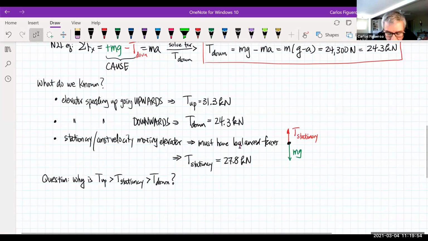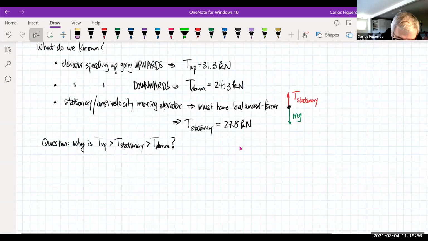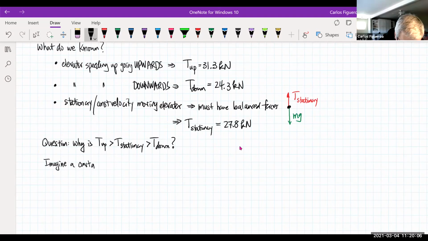For starters, imagine a constant velocity elevator.